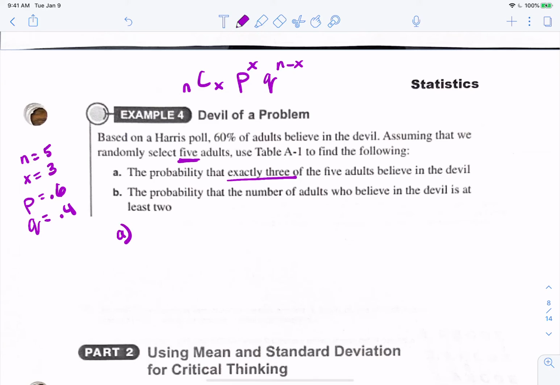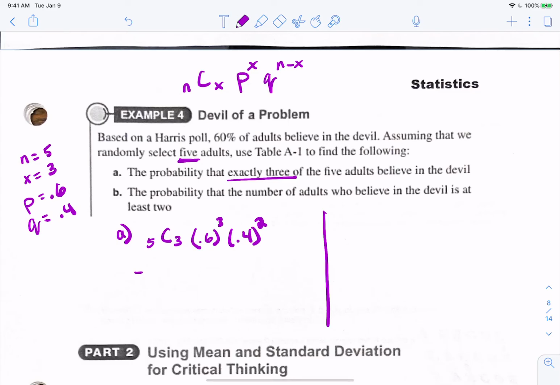I'm going to do A over here, and then split and do B. A is exactly 3 out of 5, so 5C3, p is 0.6 to the third power, and 0.4 to the second power. Those two exponents should add up to your total number. I want 3 people who believe in the devil, 2 who don't, a total of 5.